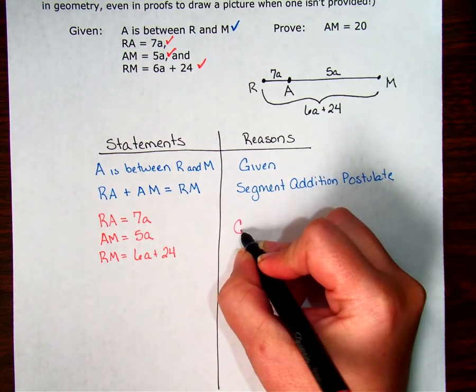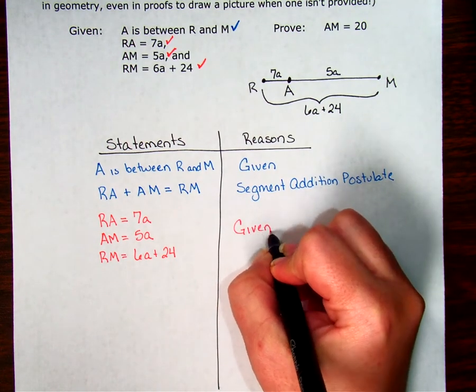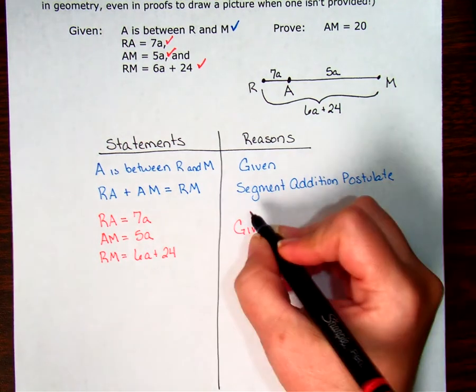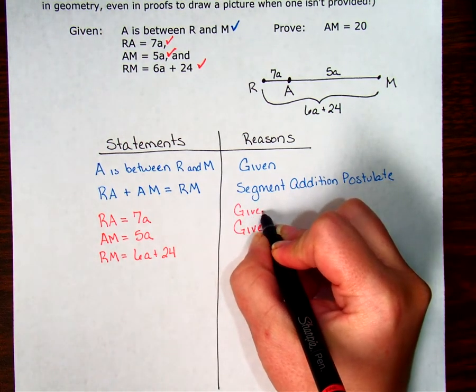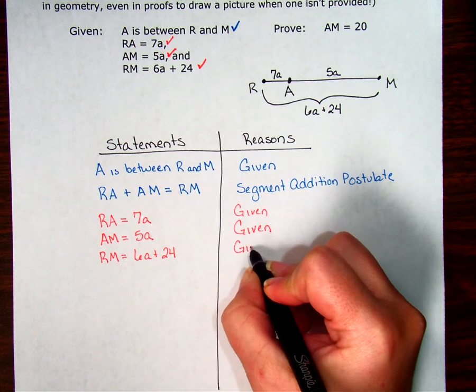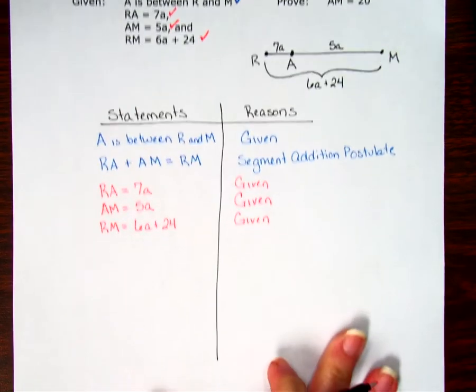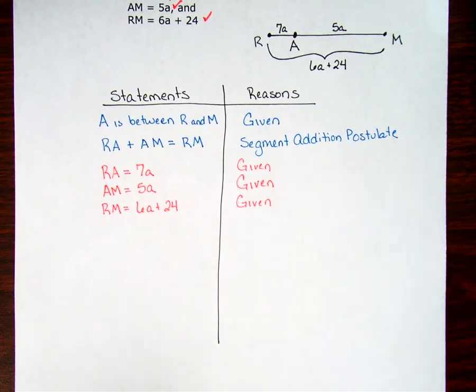That would have been just fine also. Or you can do it as three separate lines and have a reason for each one. Either way is okay. All right, now we're ready to substitute our values in.